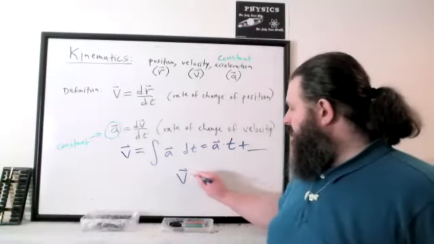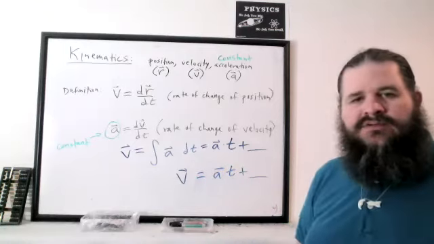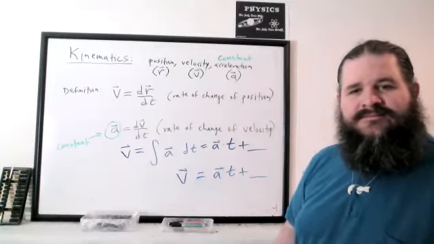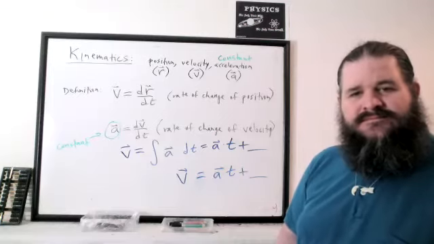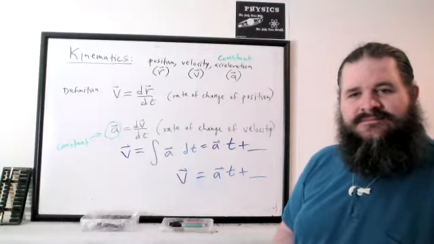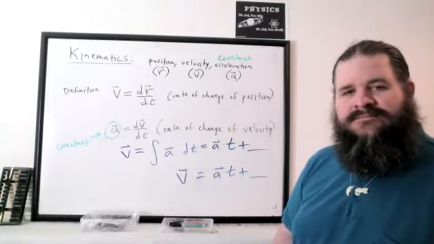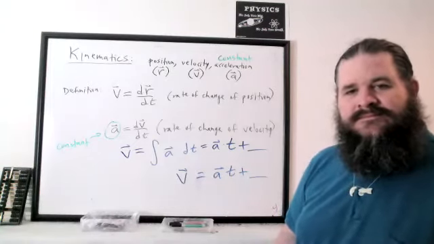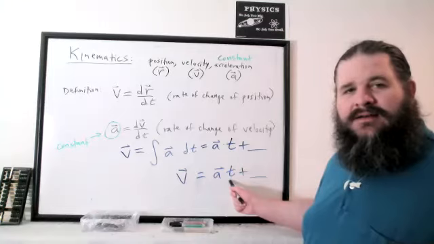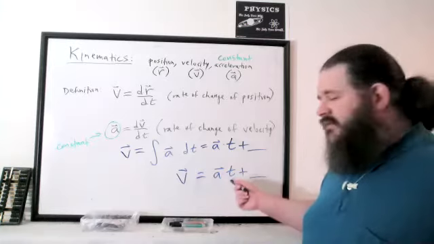If velocity equals acceleration times time plus a constant, how would you figure out what that constant is? Ideally, this equation should work for any value of time, right? So we should be able to plug in any value of time. What would be the easiest value of t to use here?